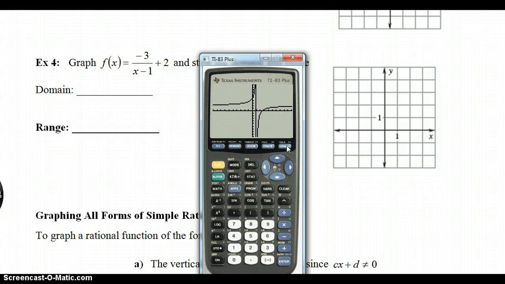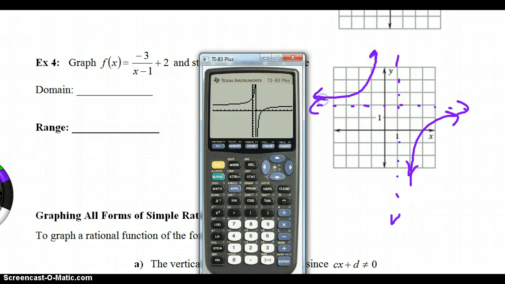So in this case, my vertical asymptote was actually graphed. I don't know if you guys will see that vertical asymptote graphed, but we put that vertical asymptote in there. We put that horizontal asymptote at 2, and we can see our curve kind of comes into that 2 on the upside and down to 2 on the other side.